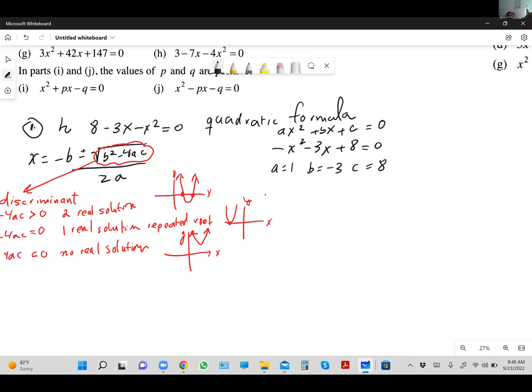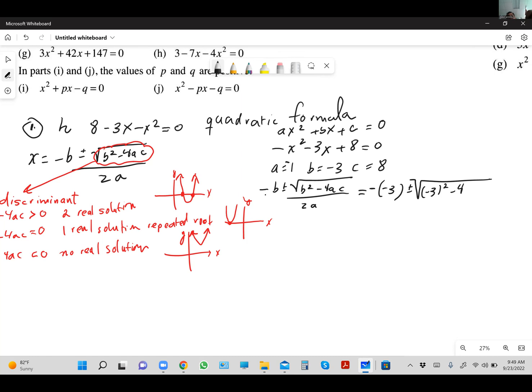So now we have -b plus or minus the square root of b squared minus 4ac all over 2a. So that's going to be negative of -3, negative of -3 plus or minus the square root of -3 squared minus 4 times, oh, look at this.